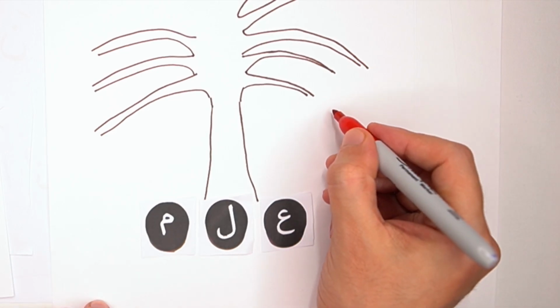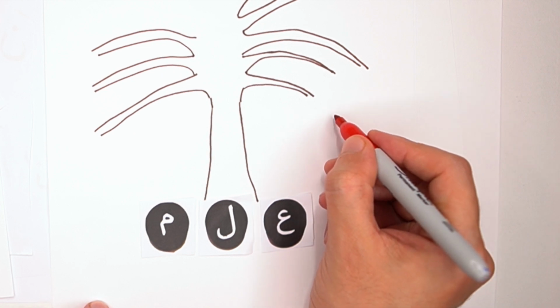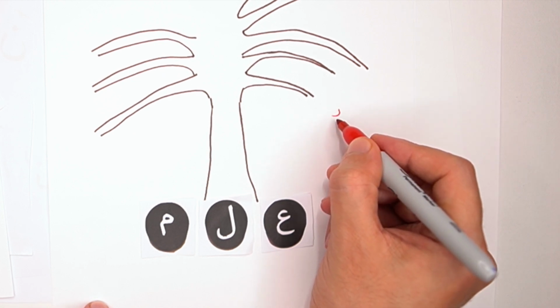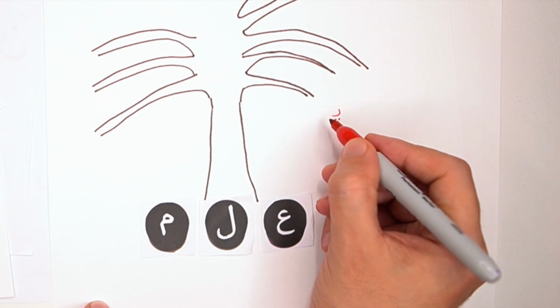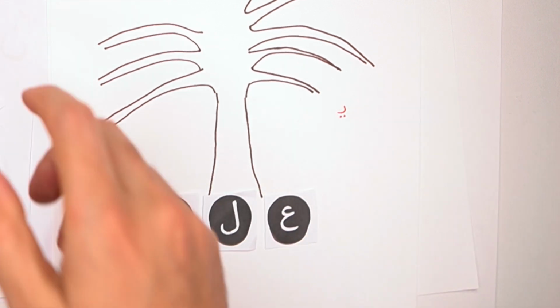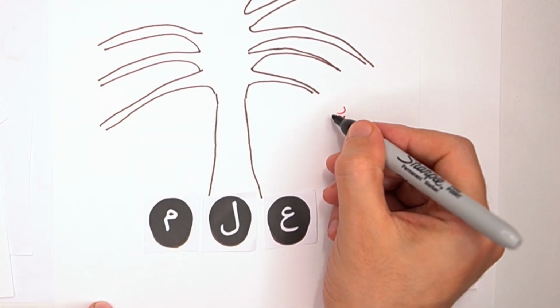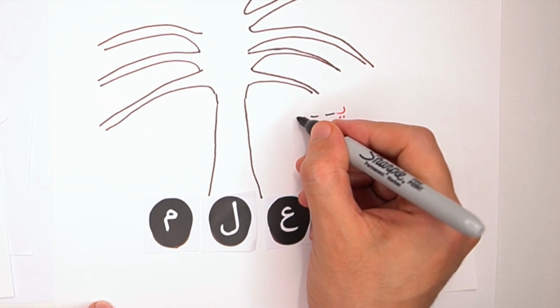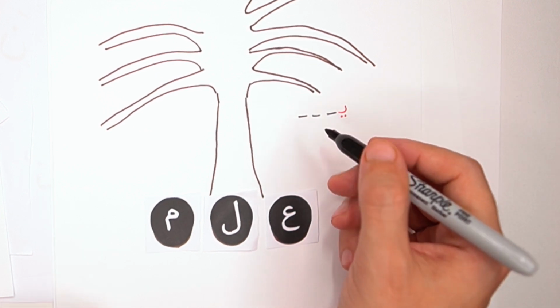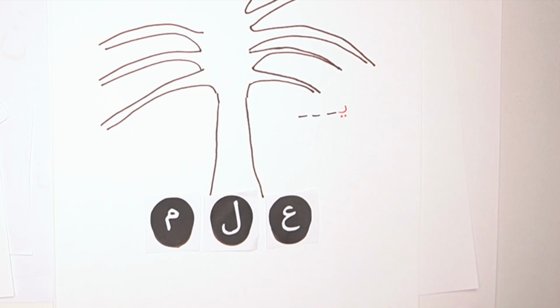So either you're going to have a ya, and then you're going to have your three letters. So ya, lamu.